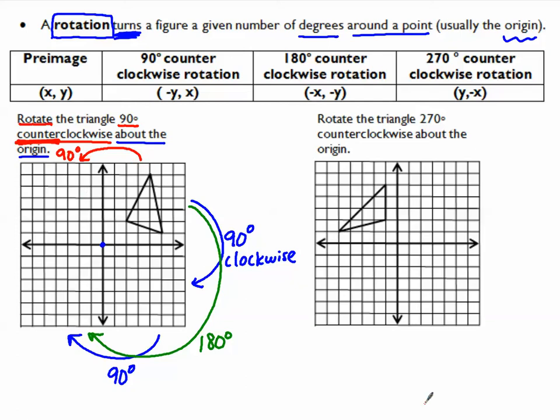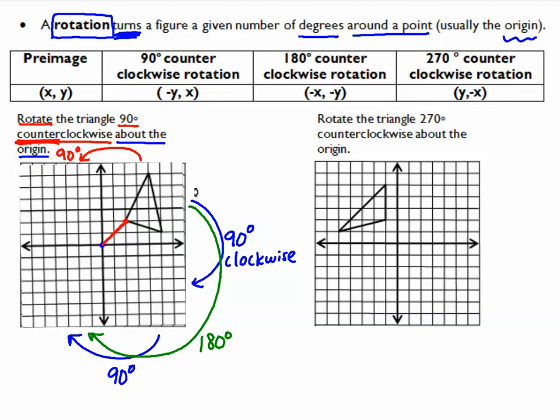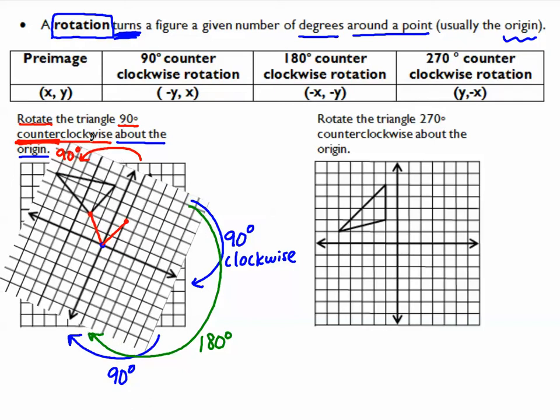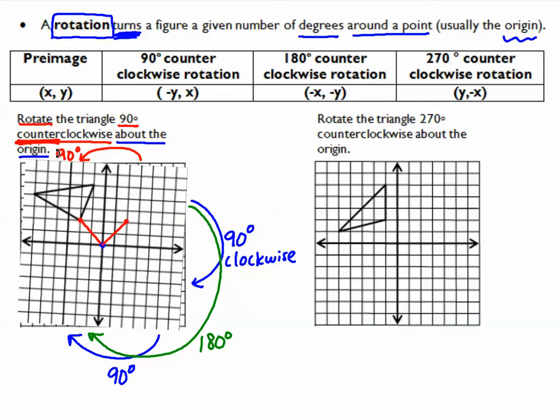It's often easier to see a rotation if we link our picture to the origin, as if it's on a popsicle stick, like that. Now I'm going to take this figure and rotate it 90 degrees into the next quadrant. How do I know when I've gone 90 degrees?